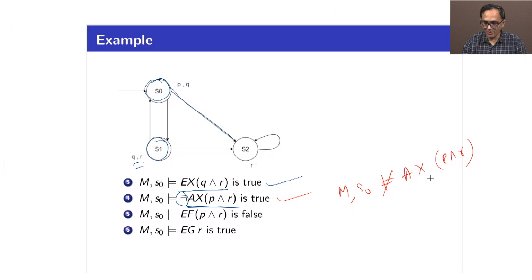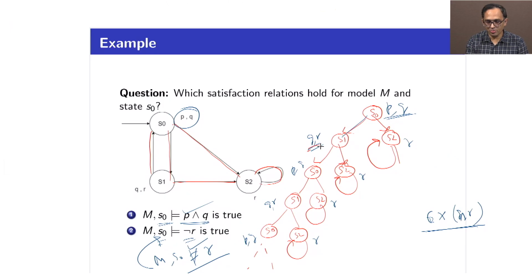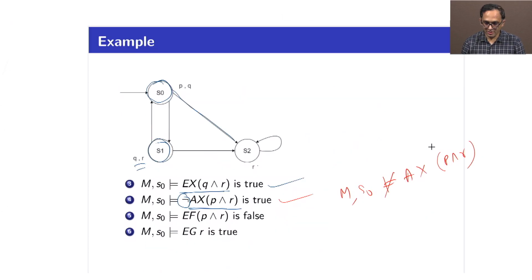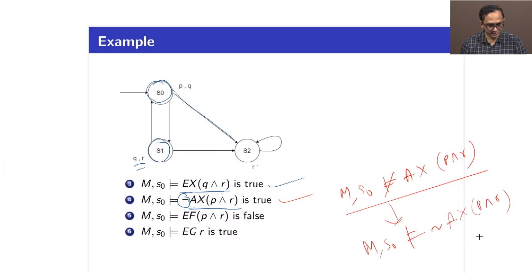That means in all paths next state P and R holds. If you see here, in this state also P and R both do not hold, here also P and R do not hold, right. So, effectively this does not satisfy this. So, it satisfies the negation of that formula, the negation of AX (P and R).